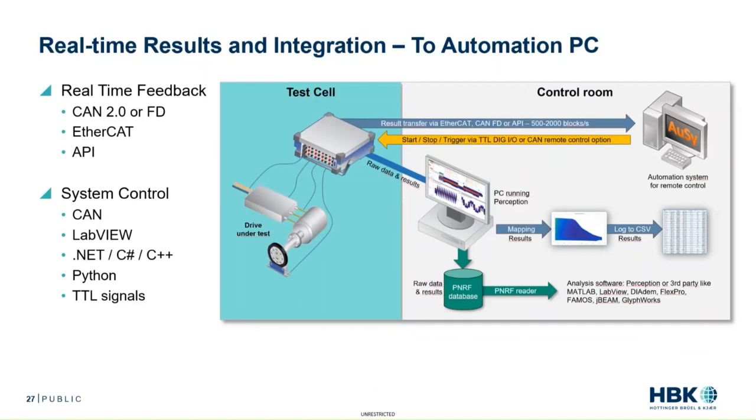And even standard buses, including CAN, EtherCAT, and Ethernet, plus real-time equations combined with a variety of control options, simplify that automation process between the power analyzer and the control system, or dyno. So you want to make sure a power analyzer offers a variety of communication methods and control options for seamless integration.